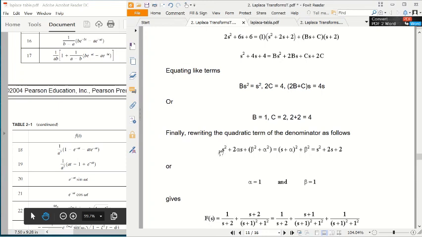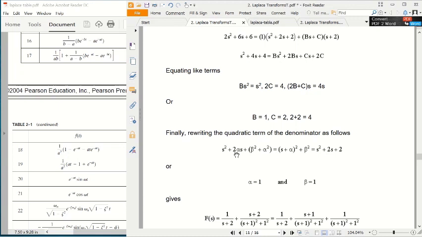So this is the common or general term for the quadratic function. You can express it in terms of this, you can also express it in terms of this. You learned this in mathematics already, and this must be equal to that. If you solve for this, you will get alpha equal to 1 and beta equal to 1. Beta squared plus alpha squared equal to 2, 2 alpha equal to 2.